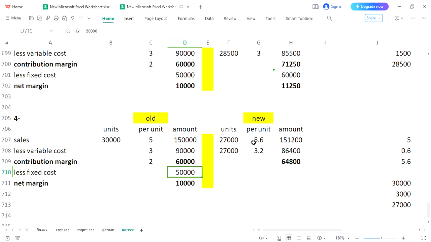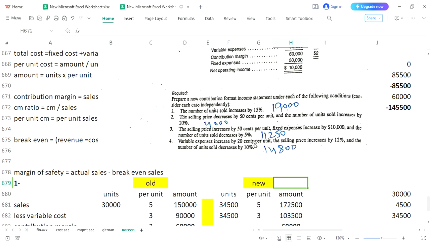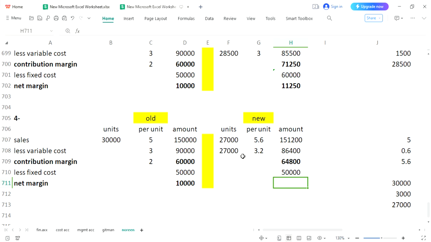So 50,000 was the original fixed cost, and the same fixed cost would be put over here. Why are we putting the same? Because he was saying each case independently. So we will not follow the number 3 case where fixed cost was increased. We will follow the fourth independently. So in the fourth, 50,000 would be fixed cost.